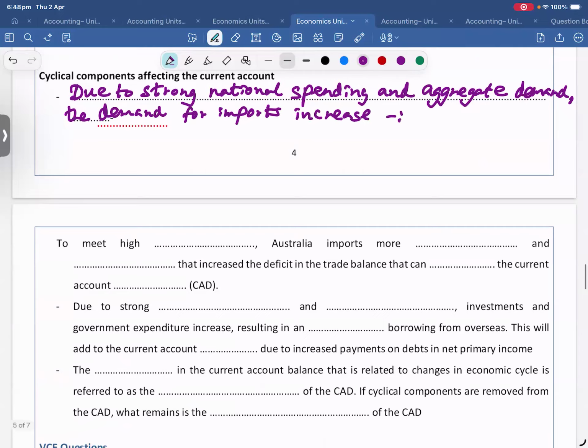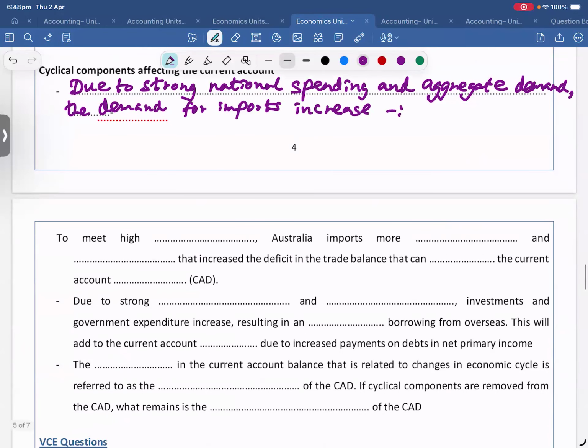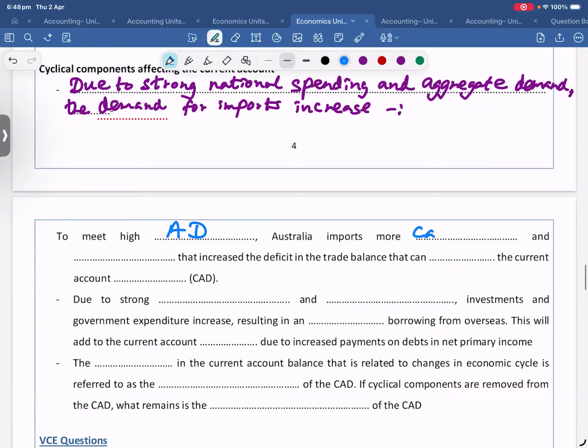Right, next one. Under that, to meet high AD, aggregate demand, Australia imports more capital goods and commodities.